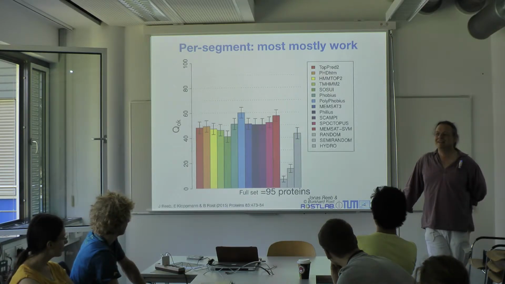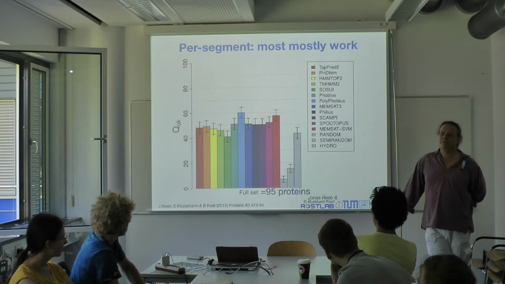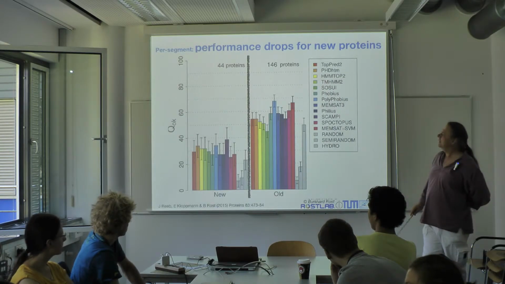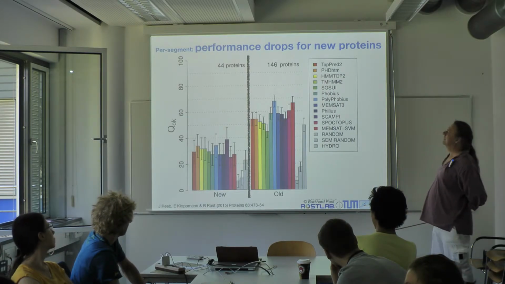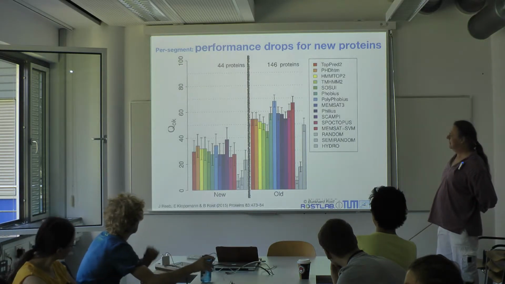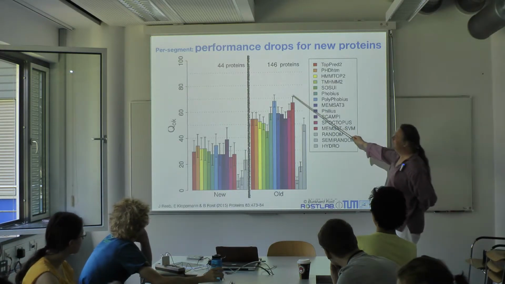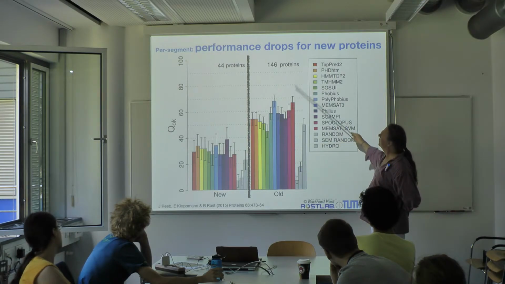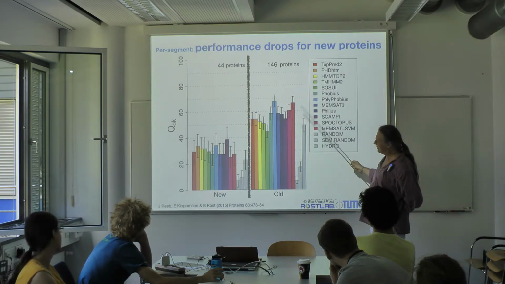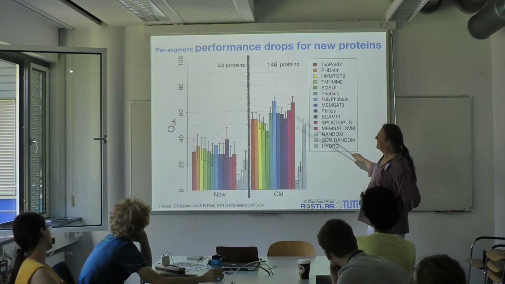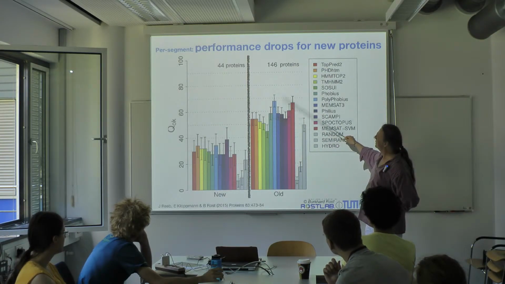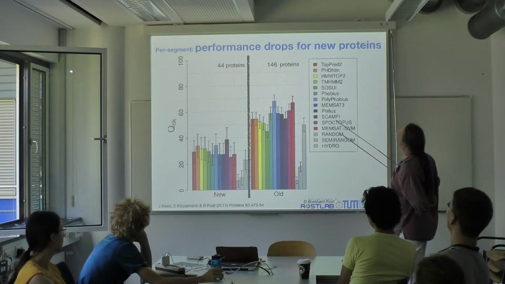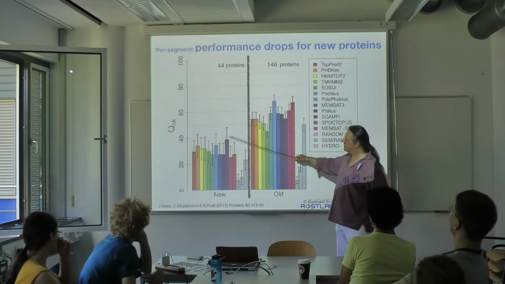Maybe use a new data set. Yes. The problem with that one is, this is the old data set, and I don't know why the number of proteins is higher here. There used to be 90, and now it's 146, I can't remember why. There must be some explanation for that. Anyway, but this is new.